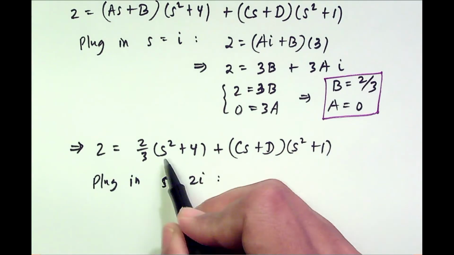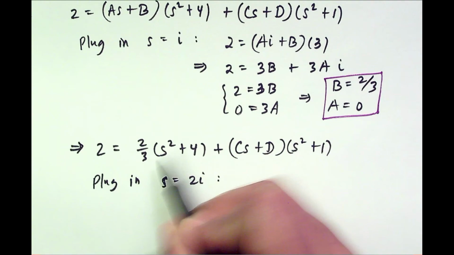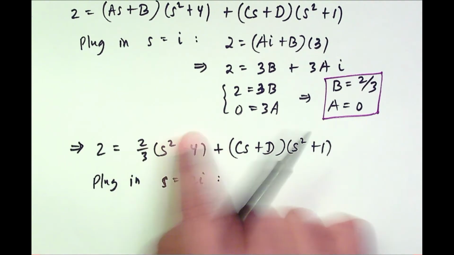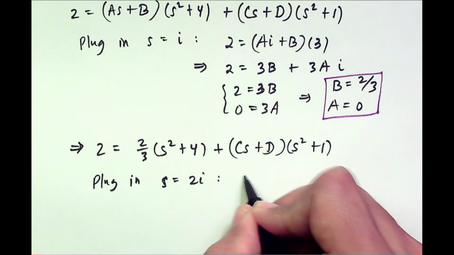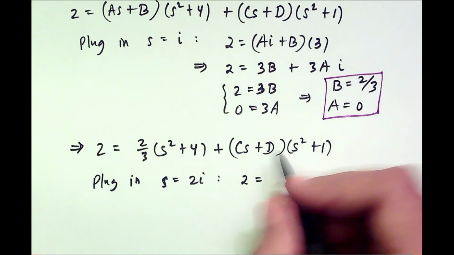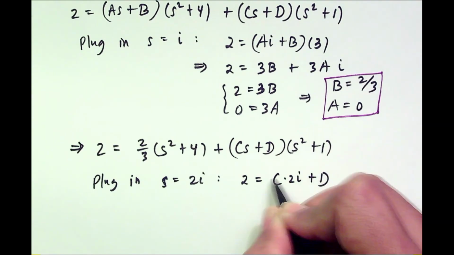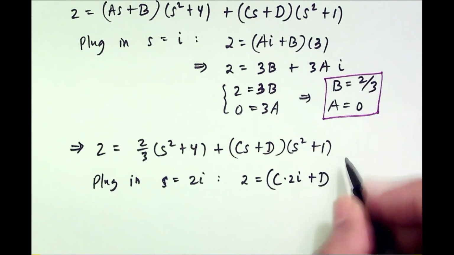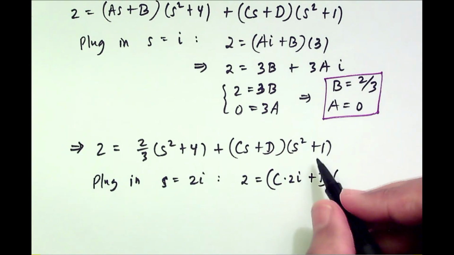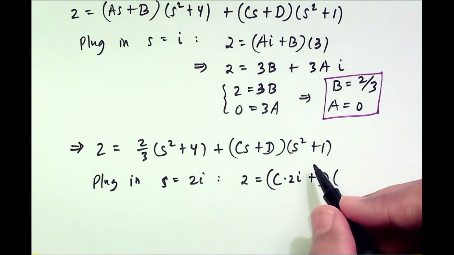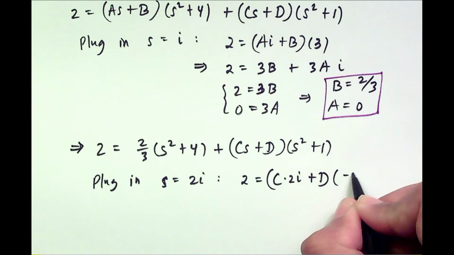When you plug in 2i here, that term gets killed off, and you end up with 2 equals c times 2i plus d, and then here 2i squared again is negative 4. Negative 4 plus 1 is negative 3.